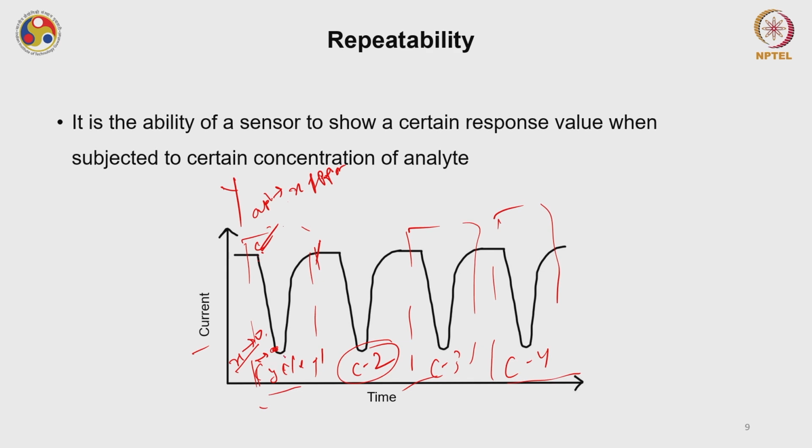And if you see that these values and the baseline values are similar, I can say that my sensor's response is repeatable. Now there can be cases where this is not achievable. Let us see one characteristic curve where the response is non-repeatable.